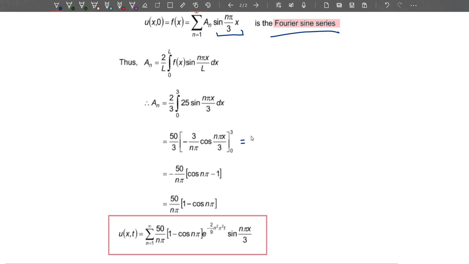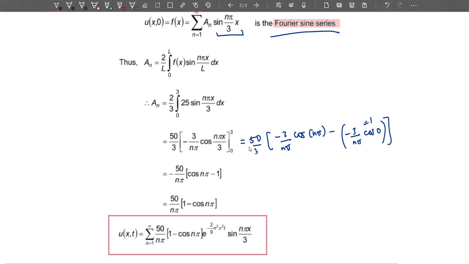To make it clearer, it is actually like this at first: 50 over 3, open the bracket, negative 3 over n pi cos n pi, minus negative 3 over n pi cos 0. So this one is equal to 1. Thus we have this one.